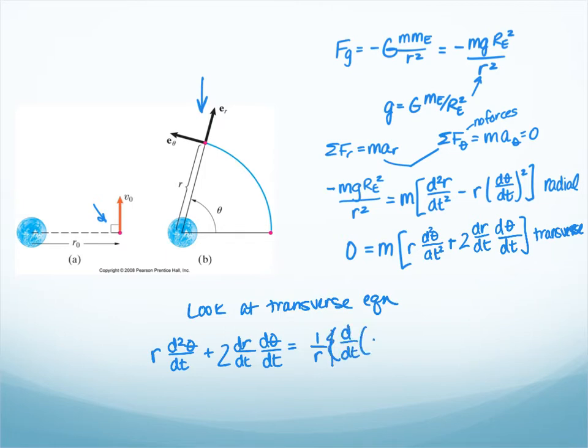If we took the derivative of r squared times d theta dt with respect to time, and then divided it by r, we would actually get this whole term, both of them added together. And this equals 0. And so that's an important relationship. So let me go to my next screen. I'm just going to rewrite it.